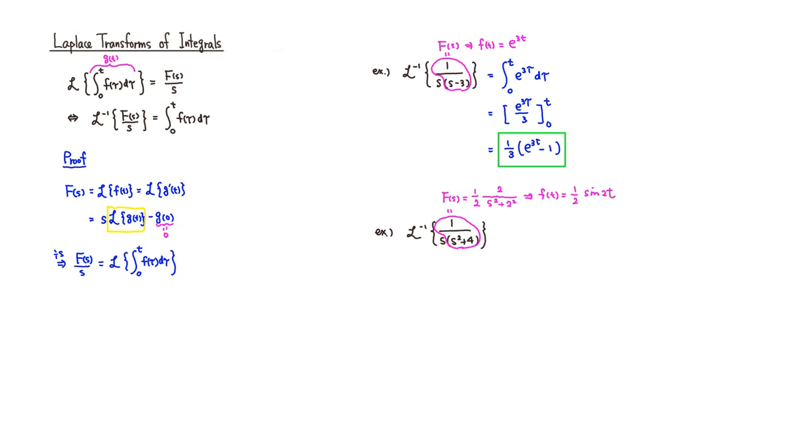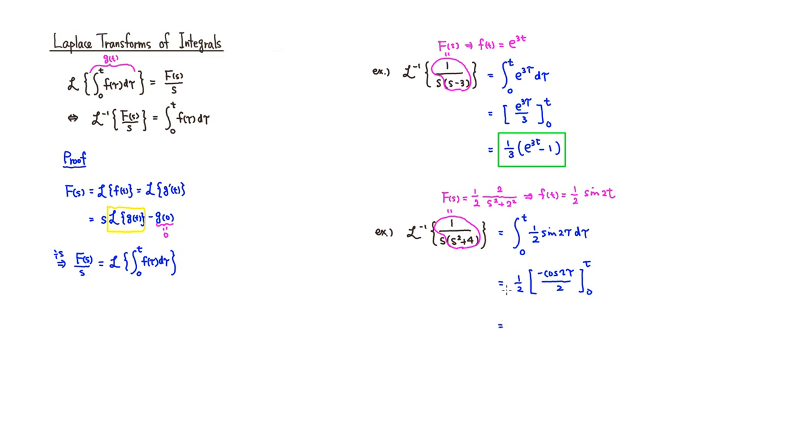So all we have to do is integrate that. Integrate from 0 to t of 1/2 sine of 2 tau d tau. 1/2 is just a number, put it outside. Then the antiderivative of sine of 2 tau is negative cosine of 2 tau over 2, going from 0 to t.